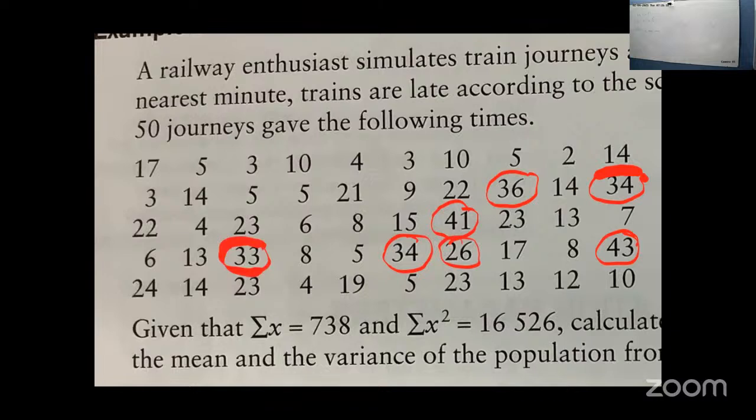Anybody see any more? It has to be more than 25, right? If you're not seeing any more, the proportion is simply 7 on 50. That's it. So that's the way you do proportion, that's the way you do mean, that's the way you do standard deviation. That is all.